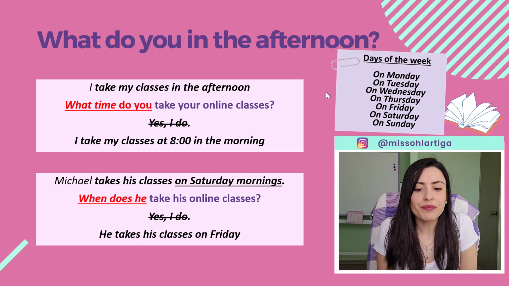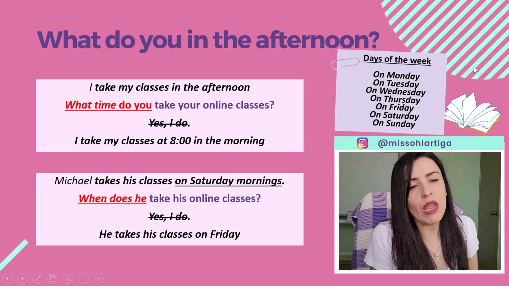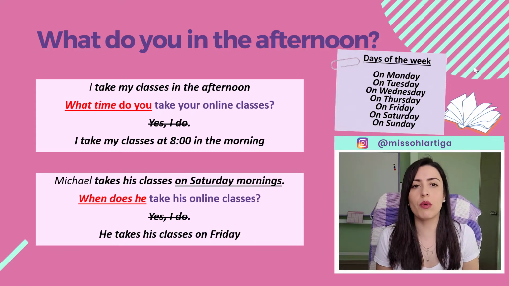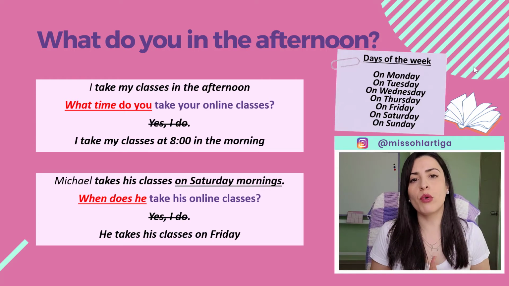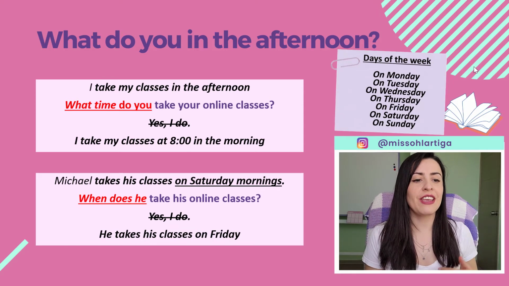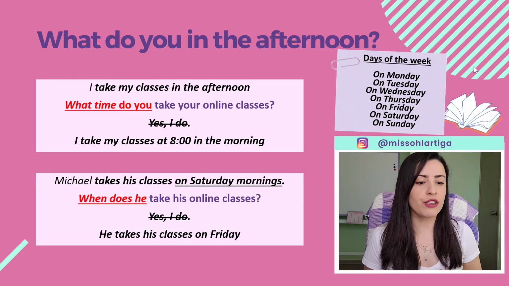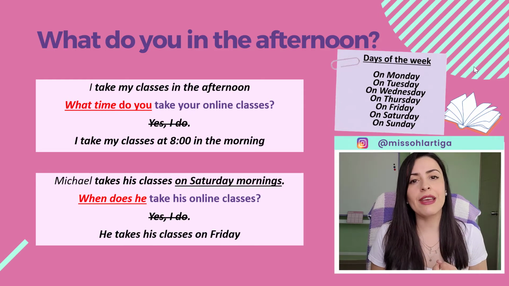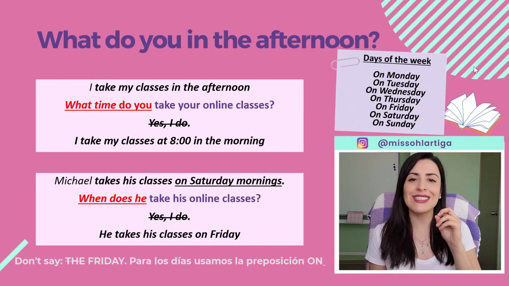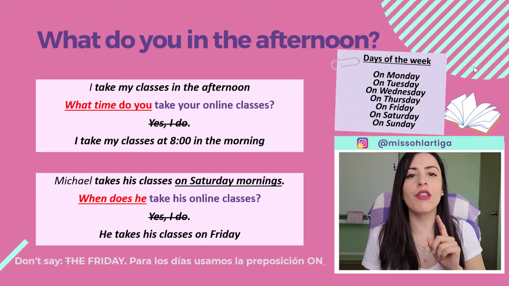Okay? So you can also, okay, look at this. You can also use the days of the week to give more information. Well, you have all the days in here, like on Monday, Tuesday, Wednesday, Thursday, Friday, Saturday, and Sunday. But the thing is that when you talk about a day in English, you don't use the article the, okay?